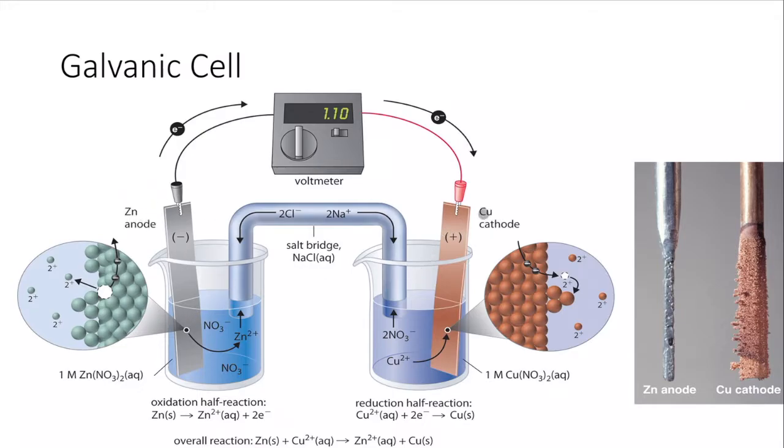In the cathode half cell, we have copper dipped inside copper nitrate solution. In other words, the zinc strip is dipped in Zn2+, and NO3- is a spectator, and I'm not really concerned about NO3-. And we have a copper strip dipped in Cu2+ solution, copper nitrate.